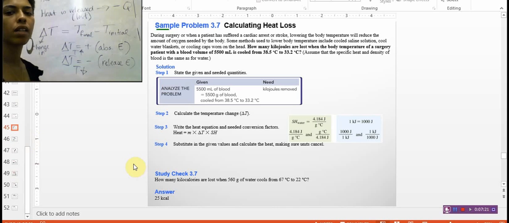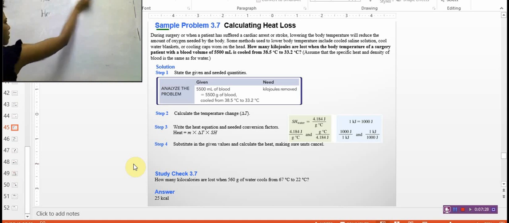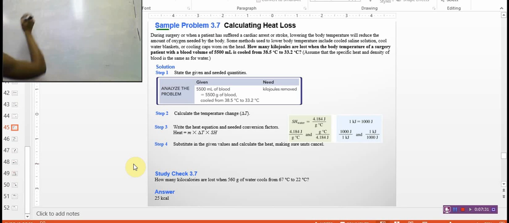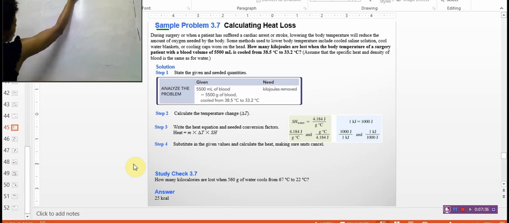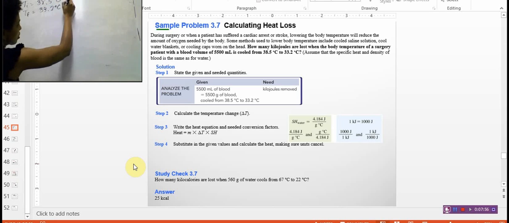All right, so calculating heat loss. This question is saying that a patient has 5,550 milliliters of blood, and we want to know how much heat was lost when the body temperature was changed from T initial of 38.5 degrees Celsius to T final of 33.2 degrees Celsius.